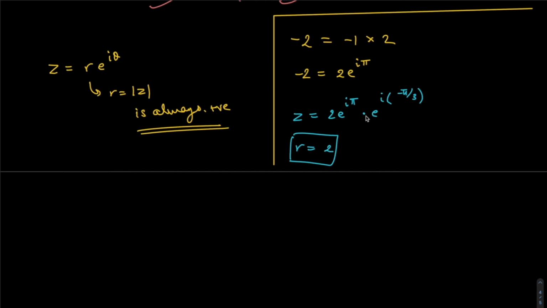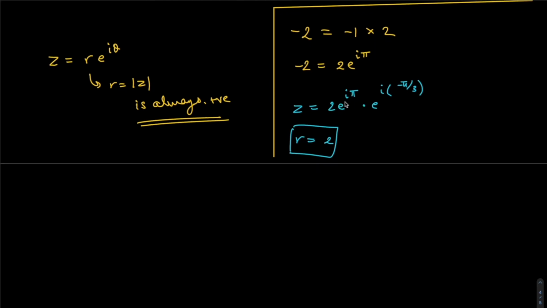Now it's time to find the argument. Well, we have two things: e raised to the power i pi and e raised to the power minus pi by 3. If you remember your properties of exponents, we apply the same properties here. Nothing changes. When we have the same base and the exponents are different, and they're being multiplied, we add the exponents.